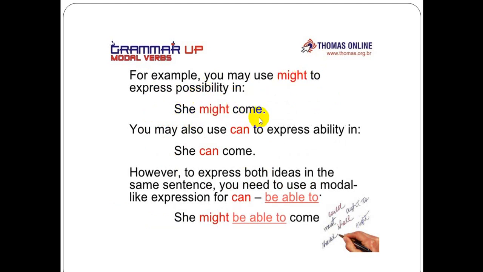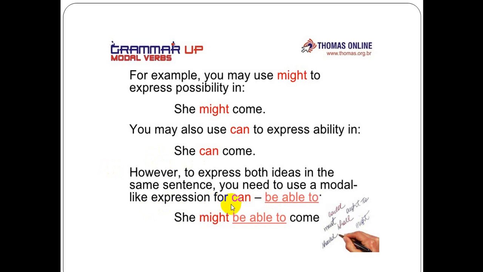Here we have, for example, you may use might to express possibility. She might come. Here we express possibility. Also, you may use can to express ability: she can come. But to express both ideas in the same sentence, ability and possibility, you need to use a modal-like expression.